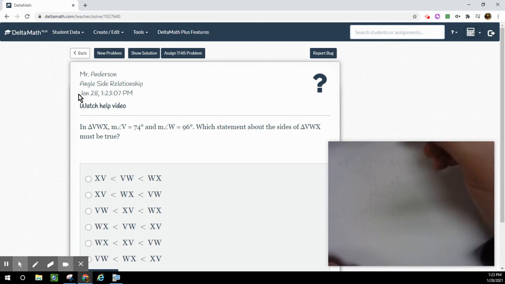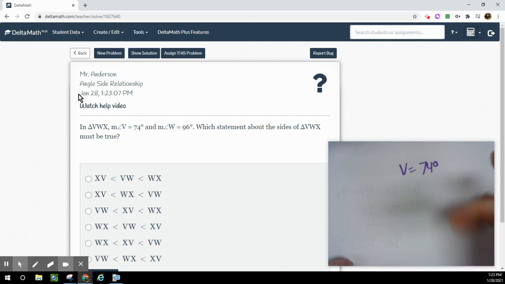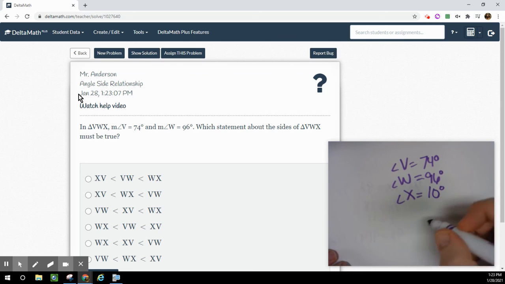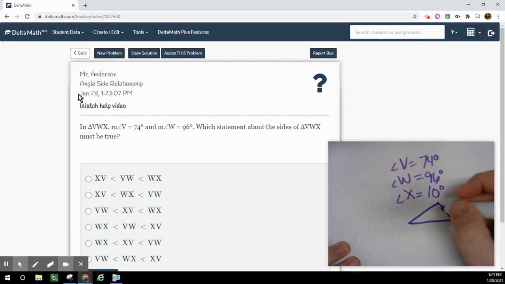In triangle VWX, V is 74 and W is 96, which means that leaves 180 minus 74 minus 96, or 10 degrees left for angle X. As we draw this, I would draw a small, a big, and a medium-sized angle.